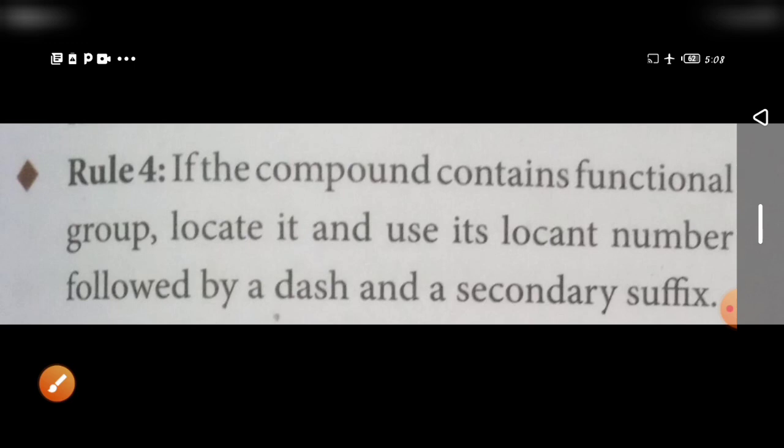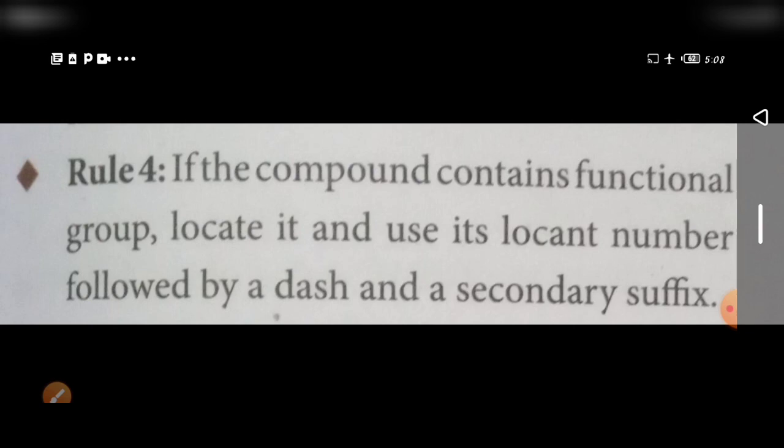Next, fourth rule. If the compound contains a functional group, locate it and use its locant number followed by a dash and the secondary suffix. Now we wrote the primary suffix. Suppose there are two: one is alcohol, another one is a methyl also present.